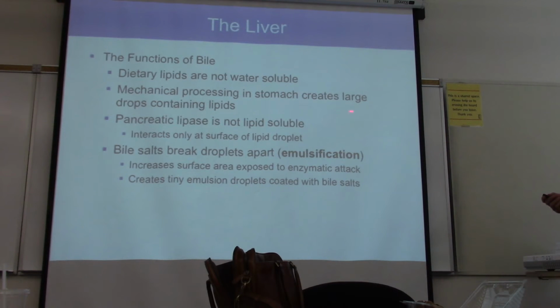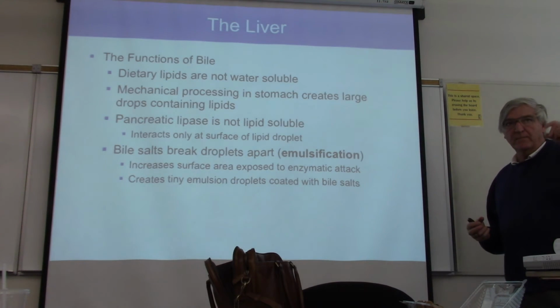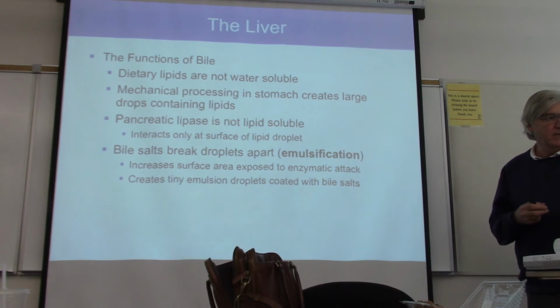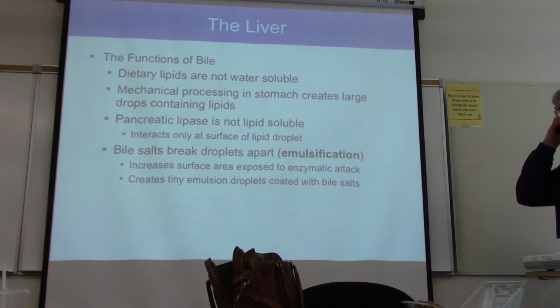Mechanical processing in the stomach, as the food churns in your stomach, starts to break those big globs of fat, like that piece of meat that had a piece of fat hanging on it from that steak you ate last night. That thing has to be broken down, and it starts up here in the stomach, and it creates these large fat droplets.